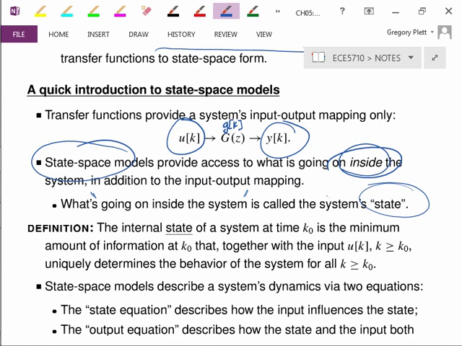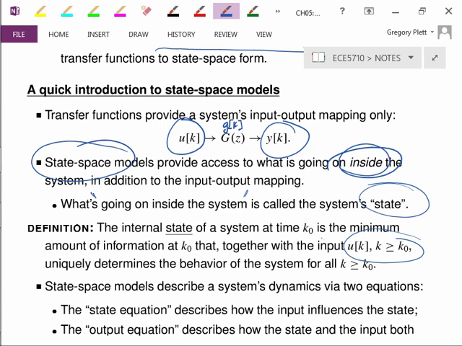But in some abstract way, the internal state of a system at some time k0 is the minimum amount of information at that time that stores whatever happened in the past. Basically, it summarizes the past such that if I have the state at time k0 and I have the input for future times, I can determine, predict, calculate the output of the system for all k bigger than k0.